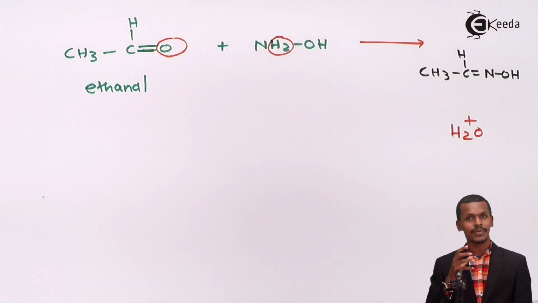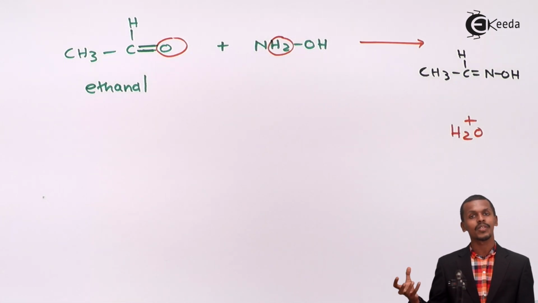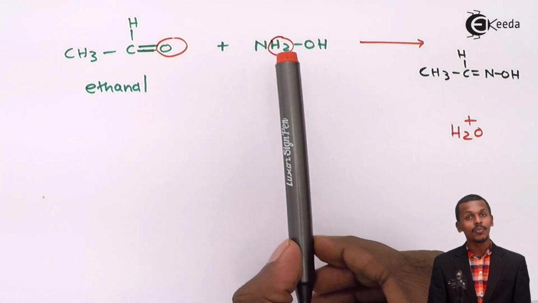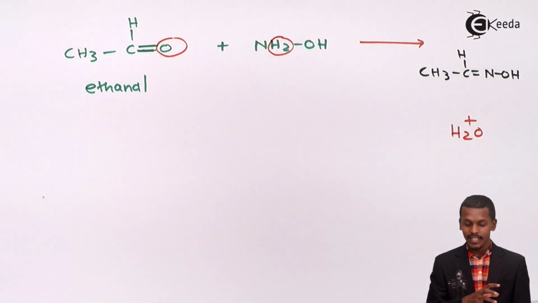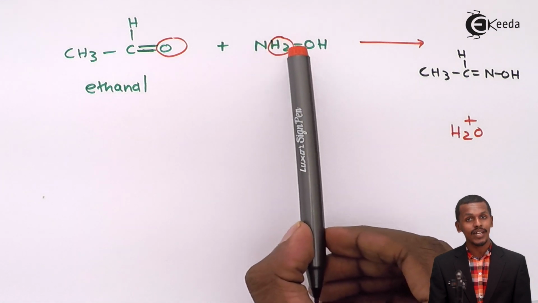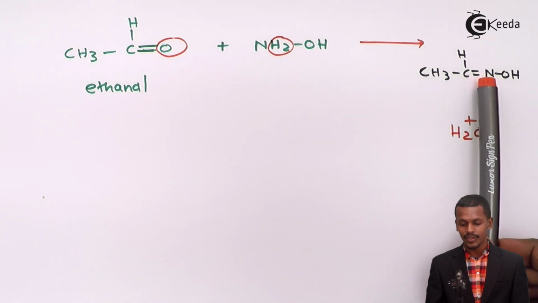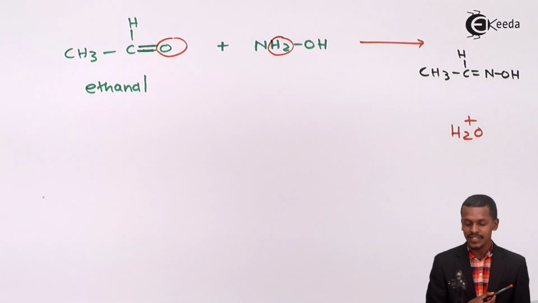The reason is that in a substitution reaction one atom is replaced by a group of atoms, and in this case the oxygen atom is removed along with two hydrogen atoms, as you could see over here. So that is the reason it is a condensation reaction, and the double bond is also sustained in this case.